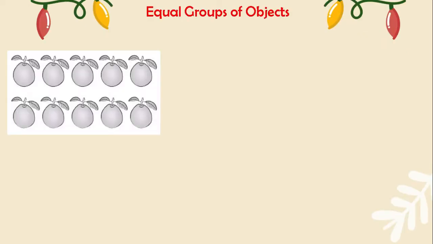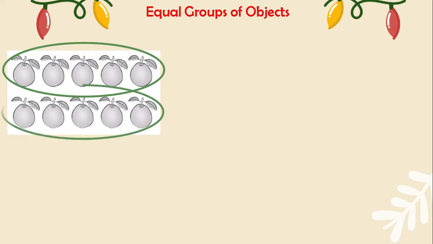Okay, so I will be showing you here Chico fruits. On the first group, we have 5 chicos, and on the second group, we have 5 chicos also. As you can see, we have how many groups of 5? Very good.